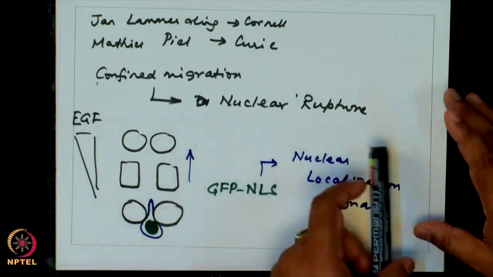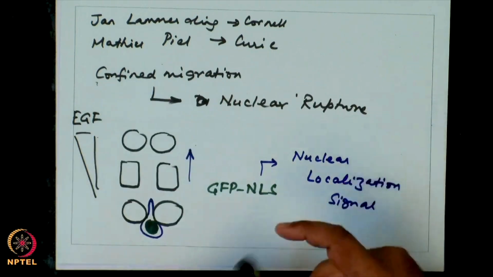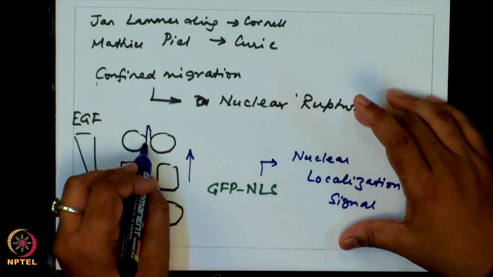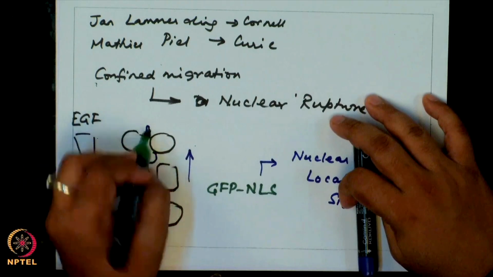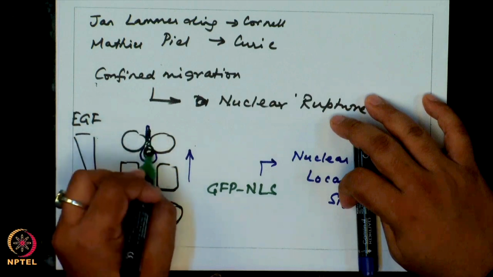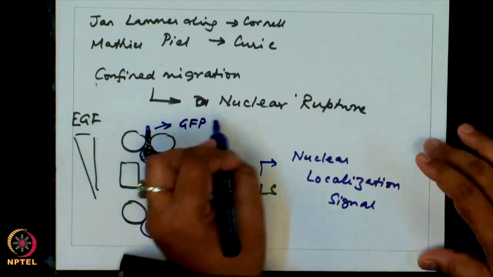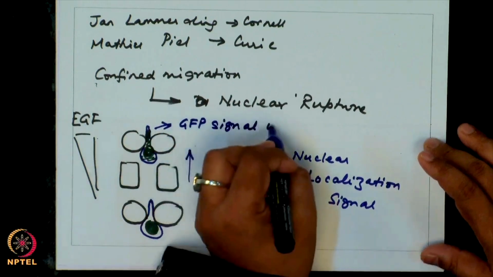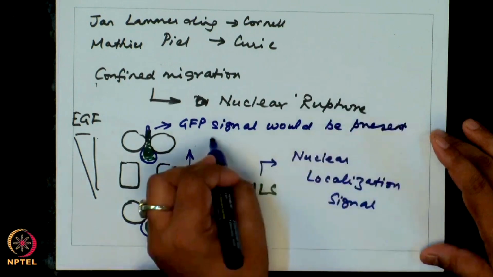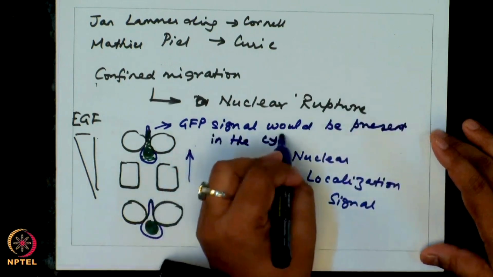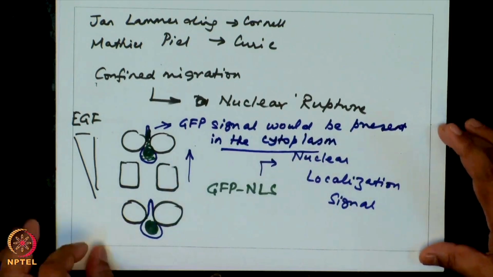But what they found was, during the migration process, every once in a while they would have a situation somewhat like this, where the GFP signal would be present in the cytoplasm.